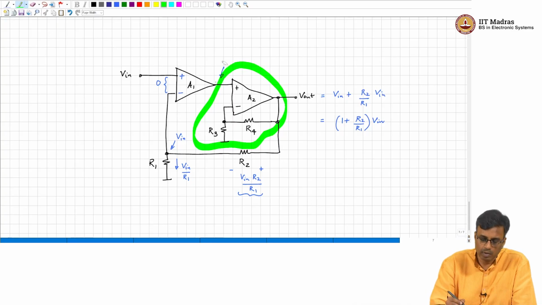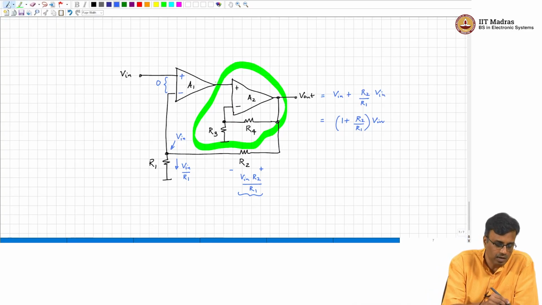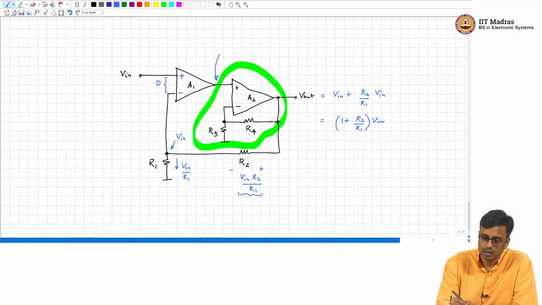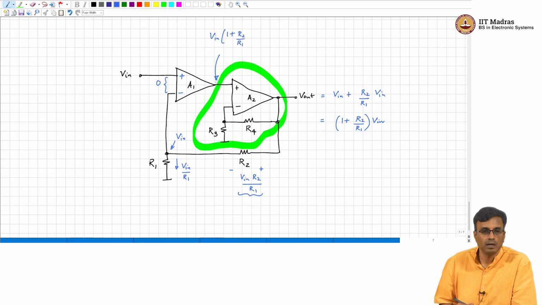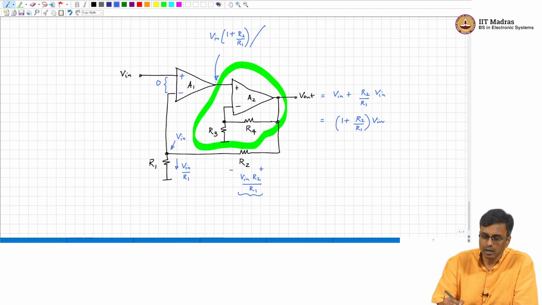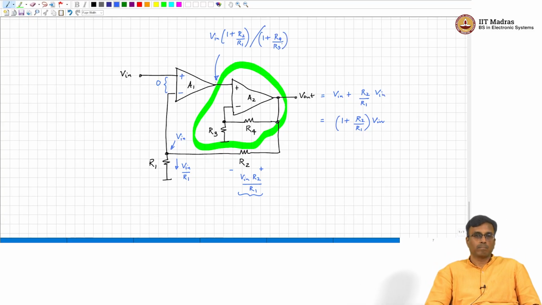So, therefore, what must be the voltage here? V in times 1 plus R2 by R1 divided by 1 plus R4 by R3. Does it make sense?